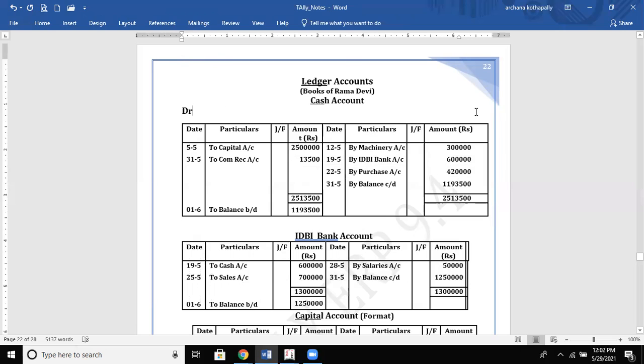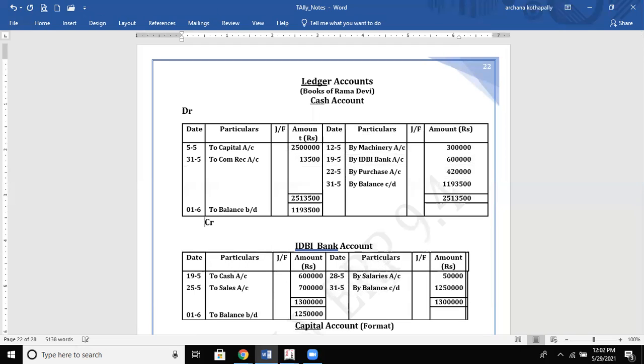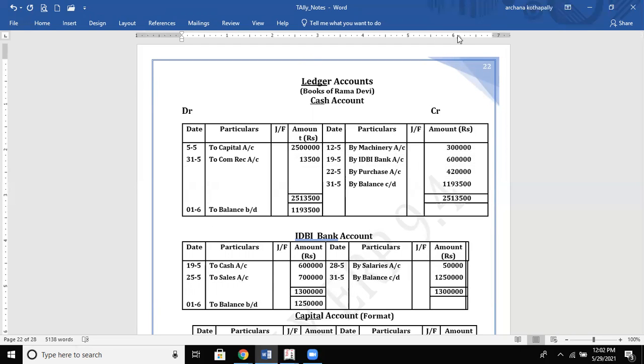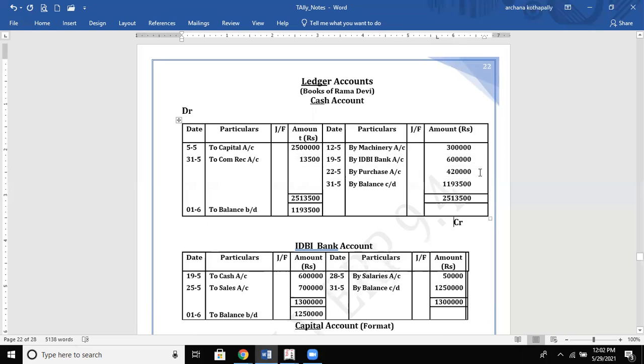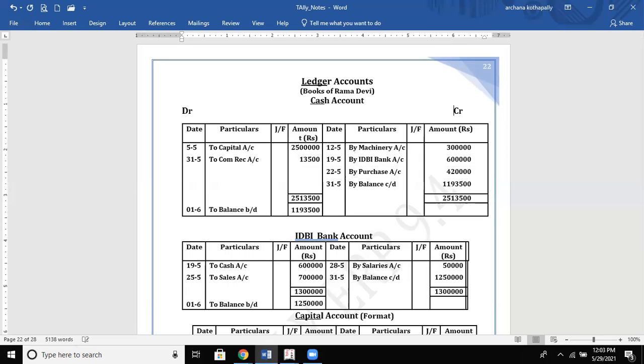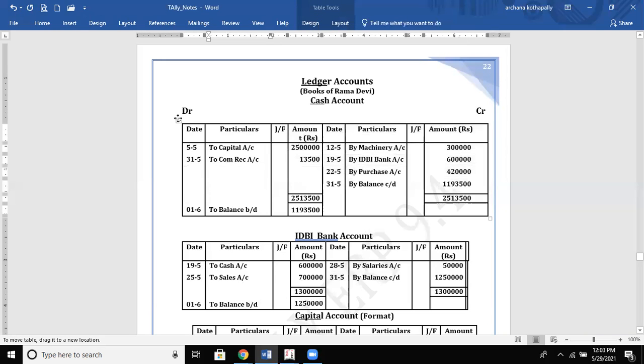So this is debit, credit. On the left side it is debit, and on the right side it is credit. For all the accounts, this is the only format.